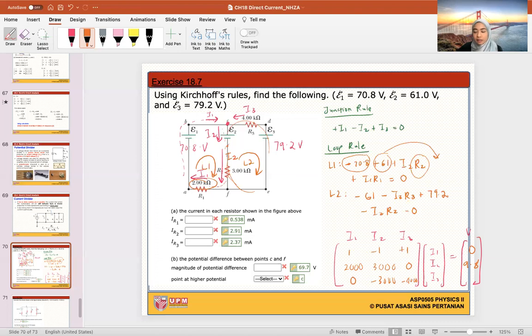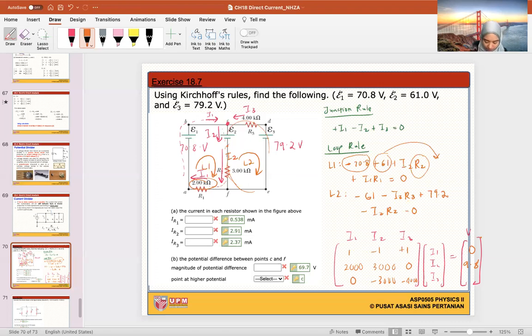Okay. And then the voltage should be moved to the other side, which is positive 61 minus 79.2. So that should give me, that's weird, minus 61.